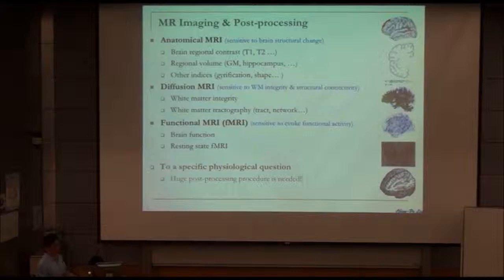So for example, if someone asks me, I want to detect gray matter volume, I will tell you just choose T1 anatomy, because it has very good contrast between gray matter and white matter. But if you ask me, I want to detect white matter tracks, I want to detect white matter change, I will tell you, you can use diffusion techniques because this technique is highly sensitive to neuron change, especially in white matter. Can diffusion be used to measure gray matter? Yes, but the sensitivity is poor.